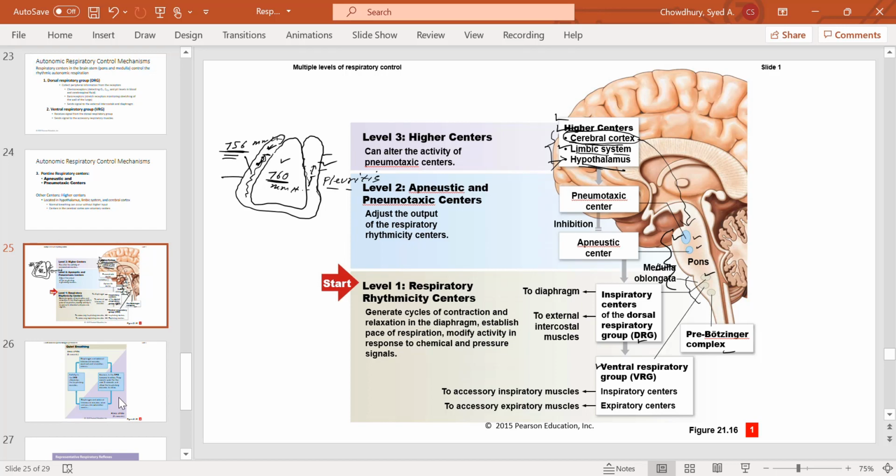If someone gets injury in the pleura, then what happens? For example, if someone gets stabbed by a knife, that will pierce the pleura, right?